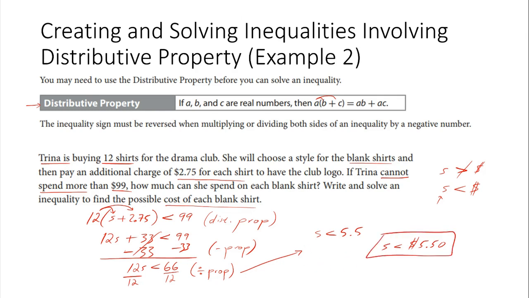So Trina may spend less than $5.50 per shirt. And then that'll keep her in her budget, which again, her budget was no more than $99.